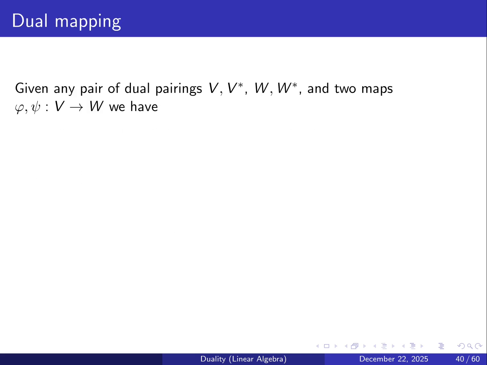Now, given any pair of dual pairings V star and W star and two maps phi and psi from V to W, we have phi plus psi star is equal to phi star plus psi star, and lambda phi star is equal to lambda phi star, where lambda is just some scalar.